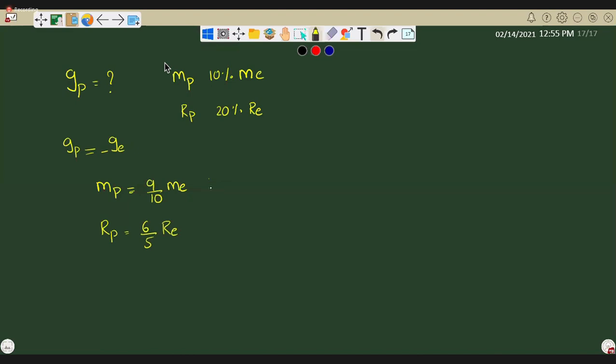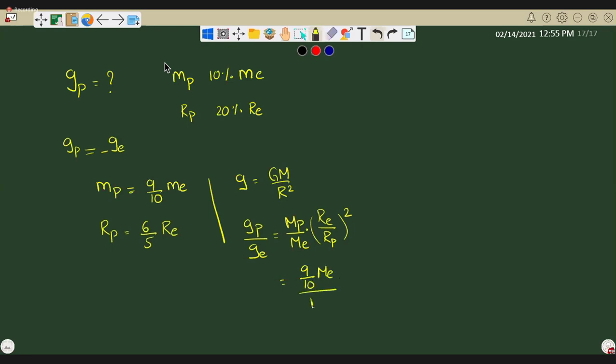So he's asking gP to gE, right? We know g is equal to GM divided by R square. So gP divided by gE is equal to MP divided by ME into RE divided by RP whole square. So MP is 9 by 10 of ME divided by ME. RE divided by RP is 1 by 6 by 5 times of RE, right?